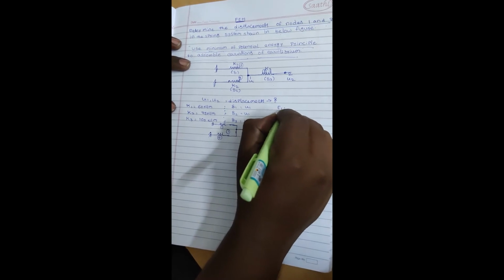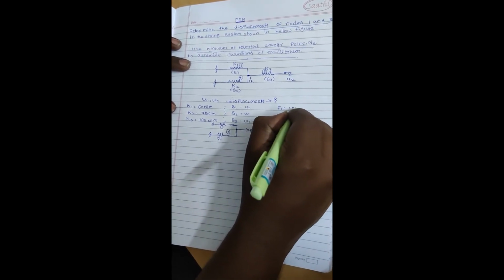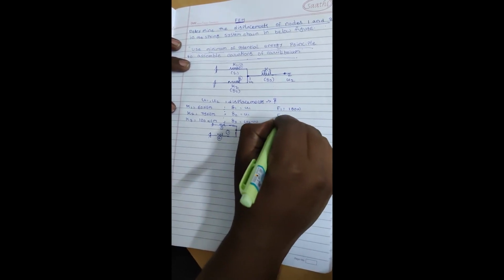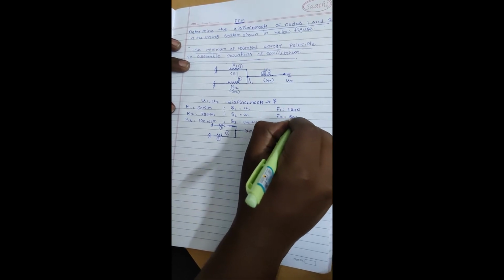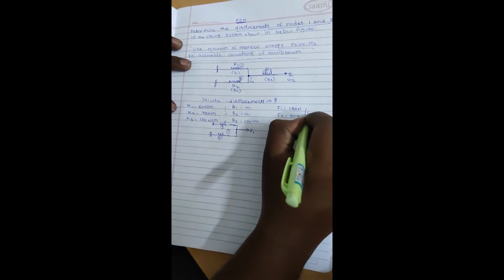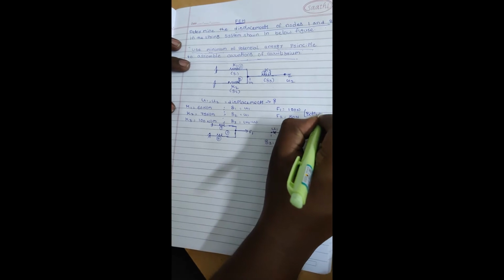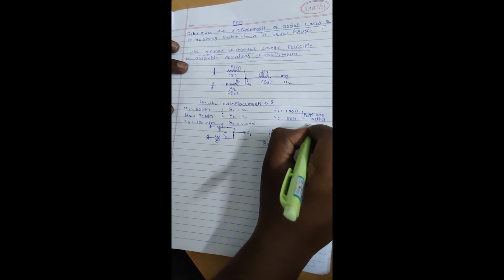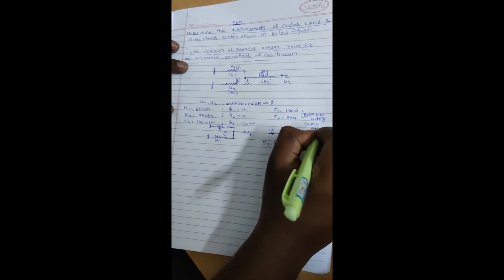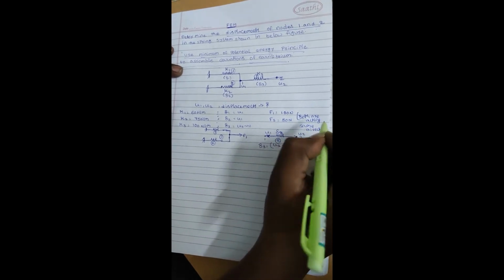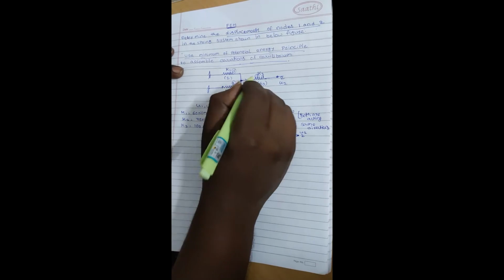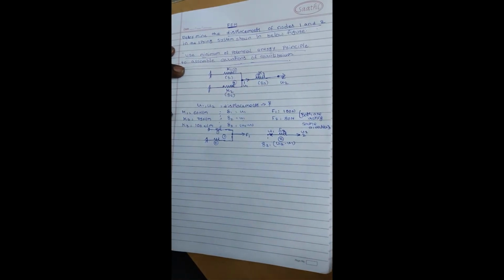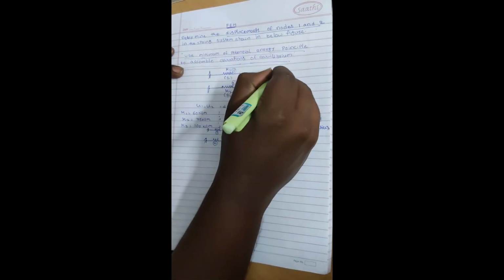Then F1 given in the problem is 100 newtons, F2 given is equal to 80 newtons. Both are acting in the same direction, both forces acting in the positive direction only: F1, F2.